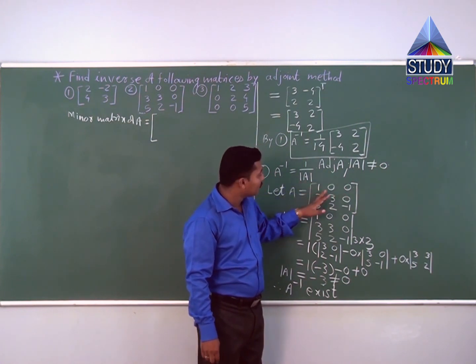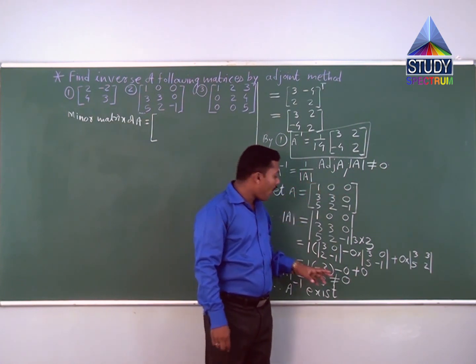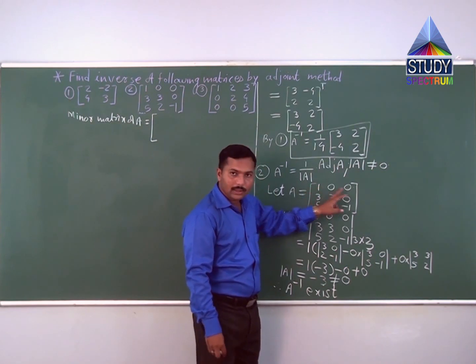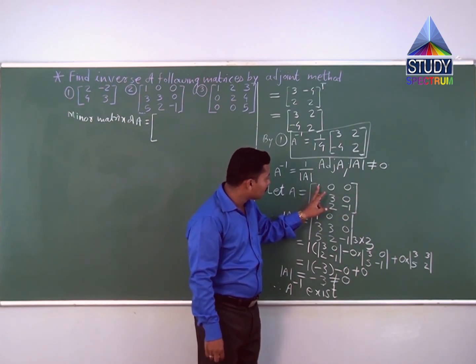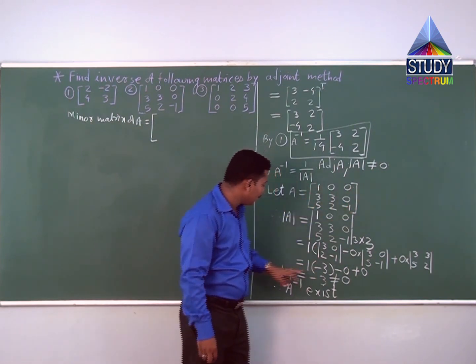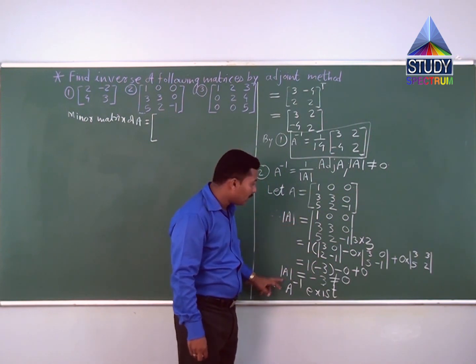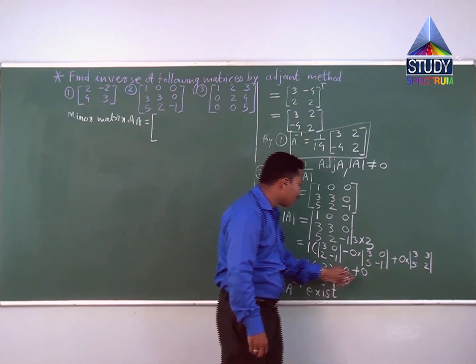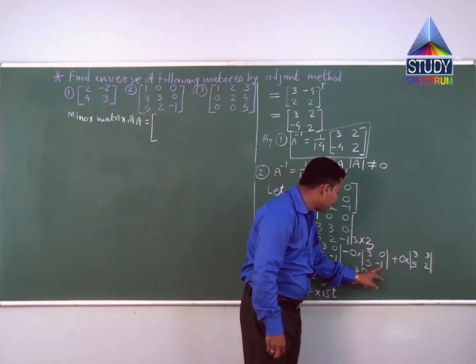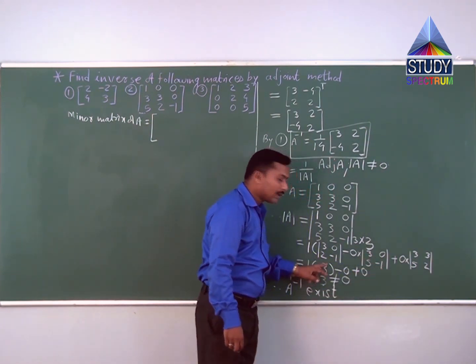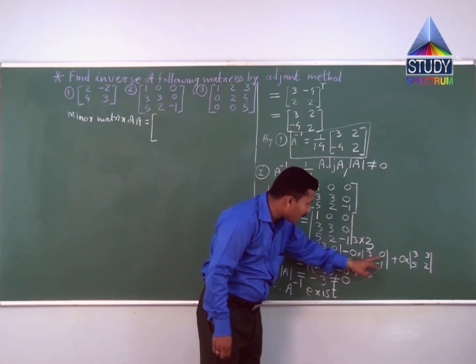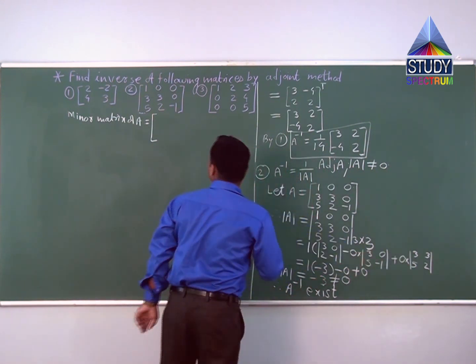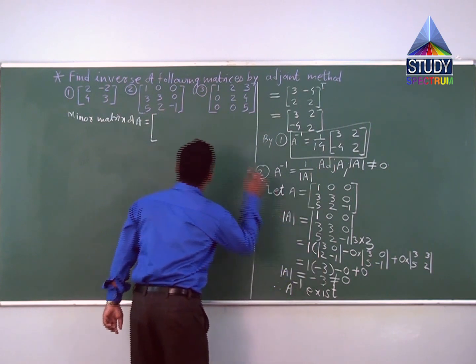Therefore R1 interchange by R2 means R1 is replaced by R2 and R2 is replaced by R1. So matrix B equal to: first row becomes second row and second row becomes first row. So first row is 4 5, second row is 3 1.